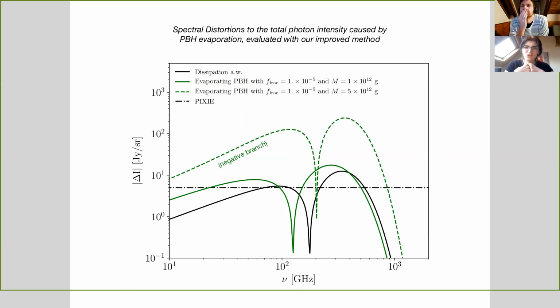This is just for 2 test cases that we chose. You can see that as you increase the mass of this primordial black hole species, you really push the signal above Lambda CDM predictions. So this is, again, something that we really expect spectral distortions to be able to constrain. This is really just setting the scene: this is what we hope to do, and this is what our new code can do.